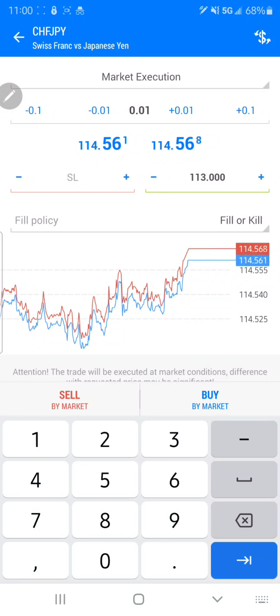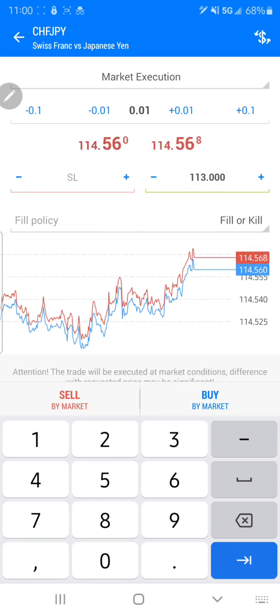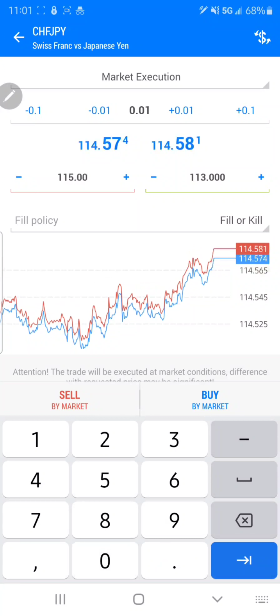For my stop loss, put in a number that's higher than current price. I'm just going to throw in 115 even. And since I am selling, I need to push this button here for sell by market.